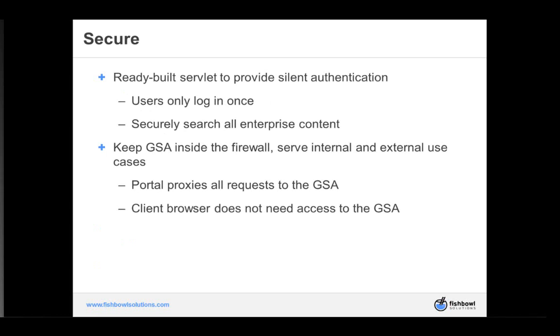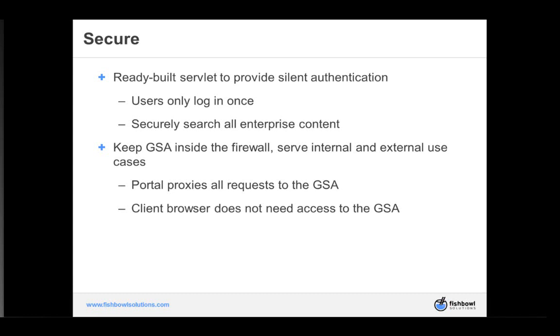I mentioned security before. When we're looking at enterprise search, we have to provide the option to have secure results. So if you do need to provide secure results, we have a servlet that's part of the product. It's built in so that it provides that silent authentication between the portal and the Google Search Appliance. Once users log into the portal, they're not going to have to log in again to the GSA, and they're only going to see the results that they're authorized to see.